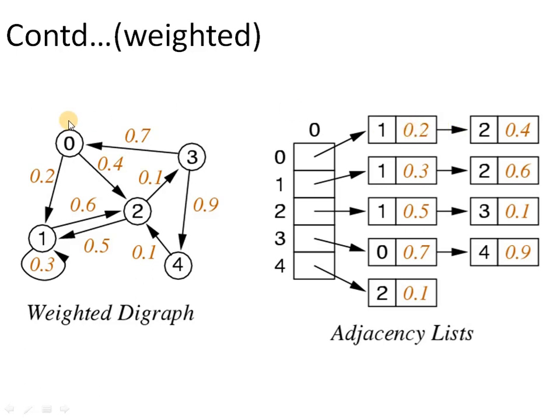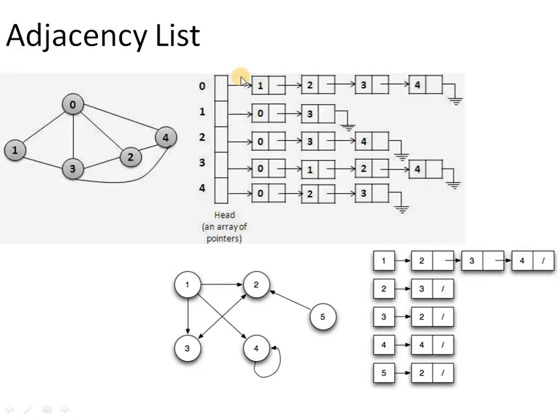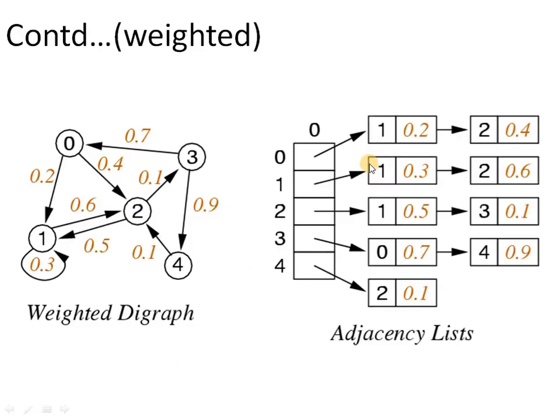Looking at vertex 0, we have an edge from 0 to 1 with weight 0.2, so we have a node with value 1, that is vertex 1, and the weight value 0.2. Similarly, we have another edge from 0 to 2, so another node with value 2, which is the vertex, and then 0.4, which is the weight corresponding to that edge. Initially we were simply maintaining only the name of the vertex in these nodes. So this is all about both the representations.